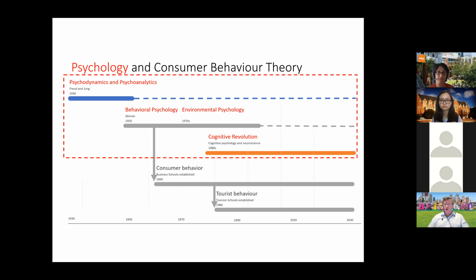And of course, when tourism study started, they took their ideas from consumer behavior. So we are using ideas in most of our thinking from behavioral psychology, which is why we study tourism behavior, and we're not thinking about new ideas.